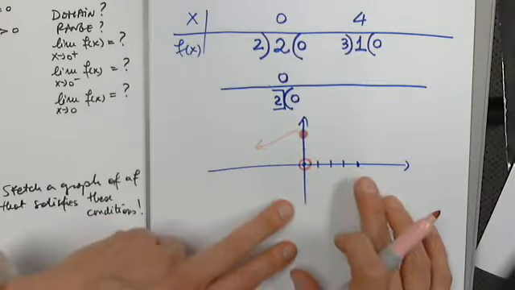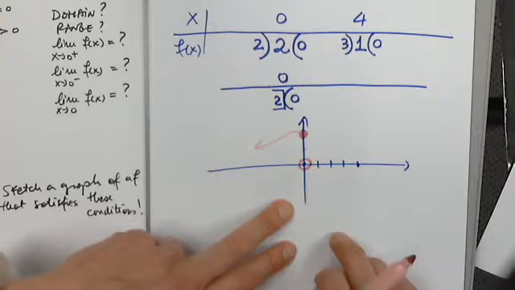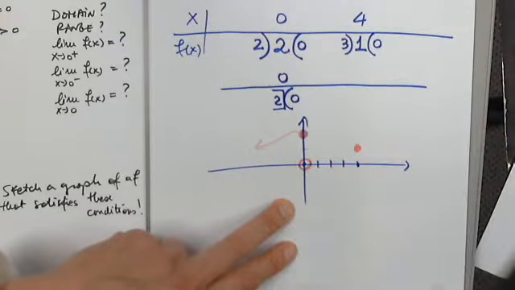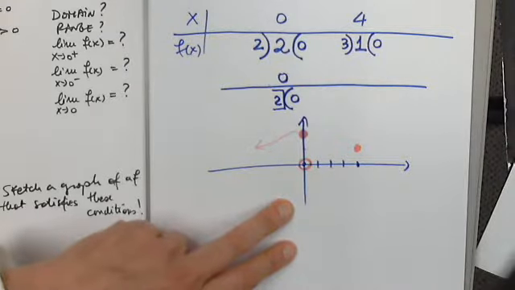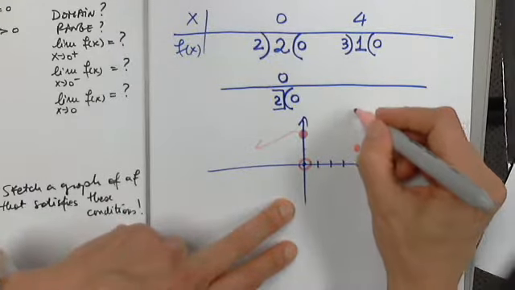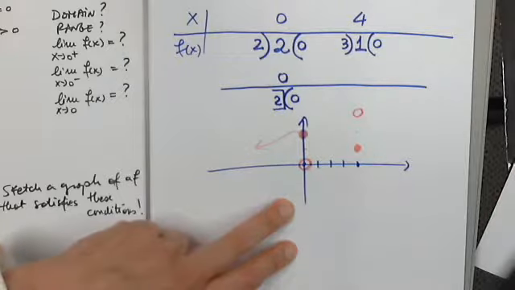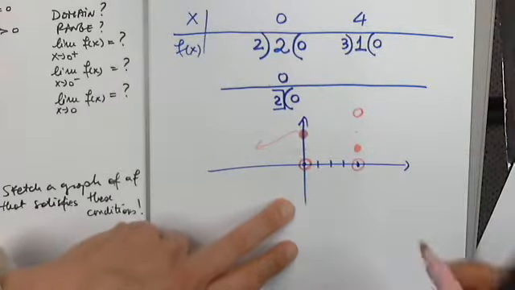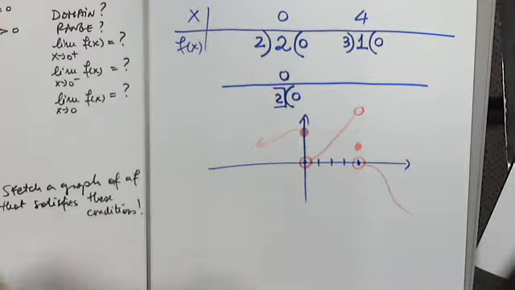I want to see what happens at 4, and then I'll connect. So at 4, 4, comma 1 is this point. 4, comma 3 is this point. And 4, comma 0 is this point. And I'm done. You can connect it the way you like, as long as all conditions are fulfilled.